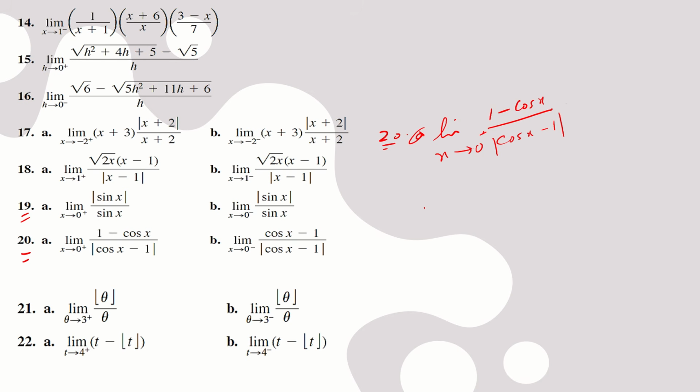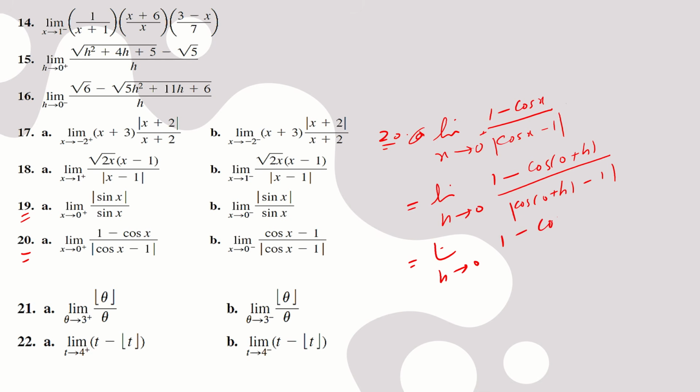So we can simply compute this value like limit h goes to 0, and that will become 1 minus cos(0 plus h) divided by cos(0 plus h) minus 1 absolute, which will become limit h goes to 0 of 1 minus cos h divided by cos h minus 1 absolute.